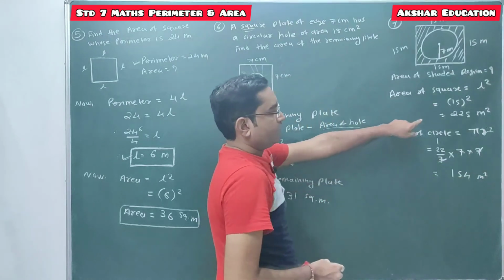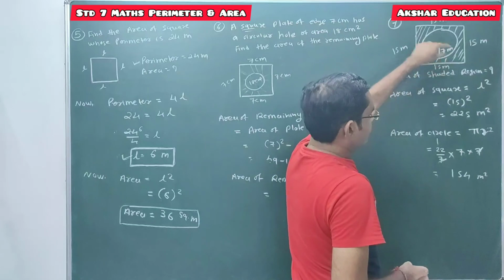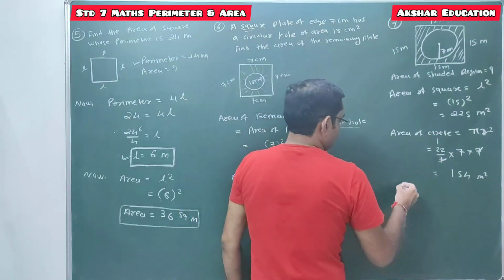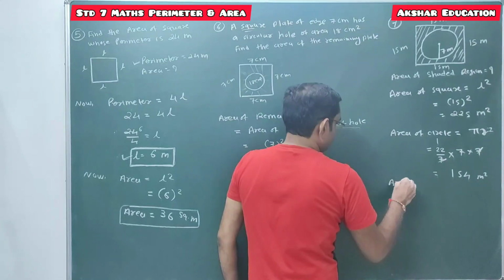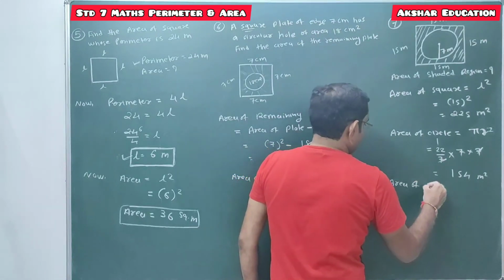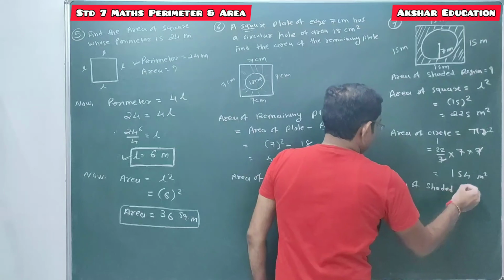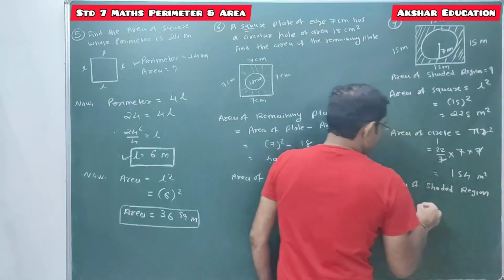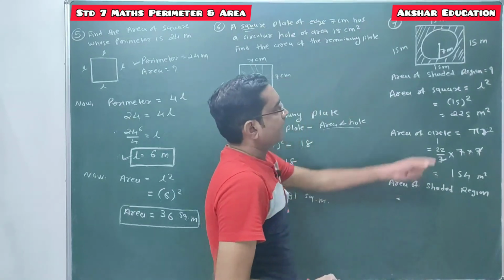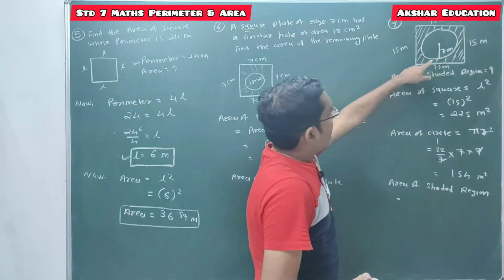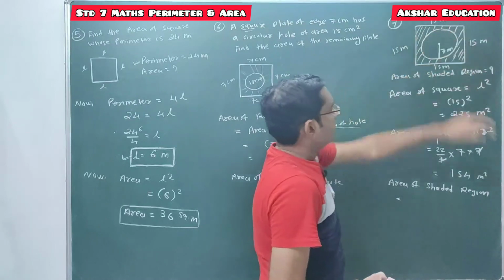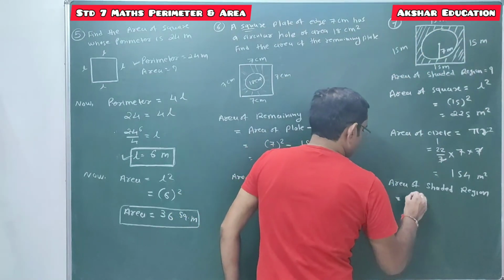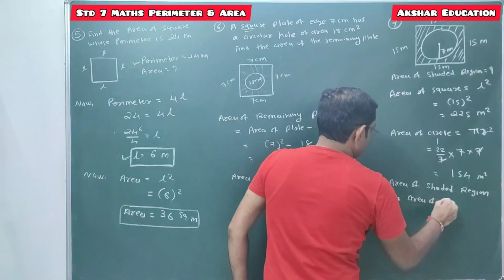So area of square is 225 meter square. Area of circle is 154 meter square. So we can find the area of shaded region. So now our area of shaded region is equal to, what is the shaded region? Total square minus area of this circle. So area of square minus area of circle.